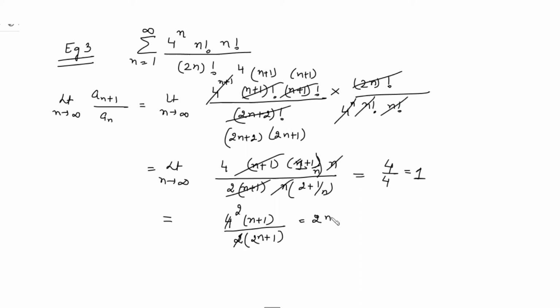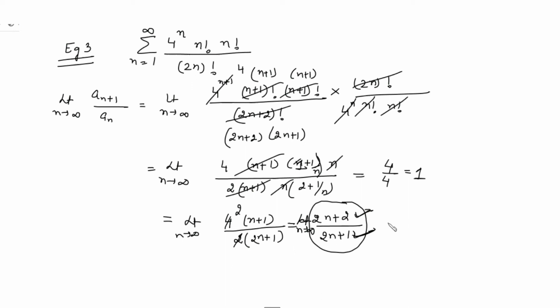So now just see, this is (2n+2) divided by (2n+1). From here our numerator is always greater than the denominator, right? So it means in this ratio your (n+1)th term is always greater than a_n, because this term is always greater than 2n+1.